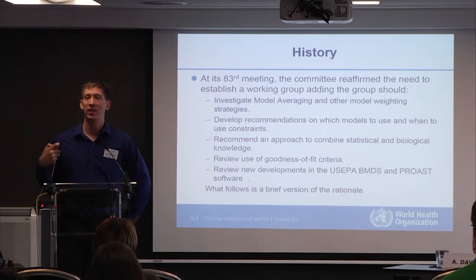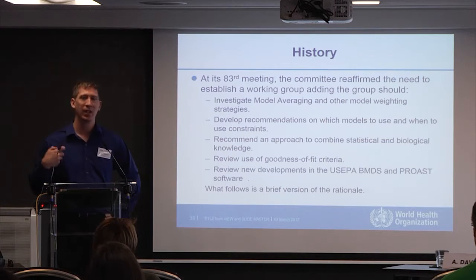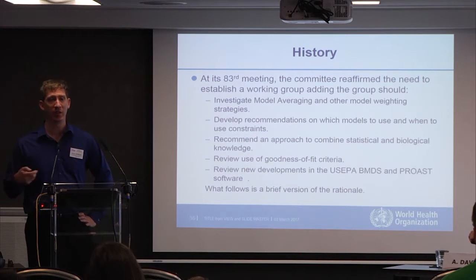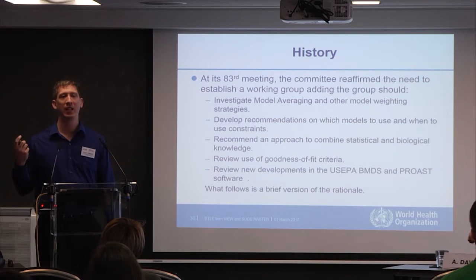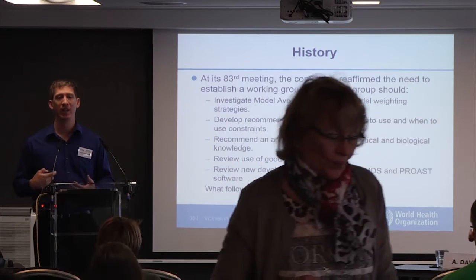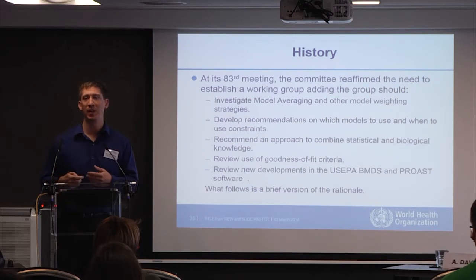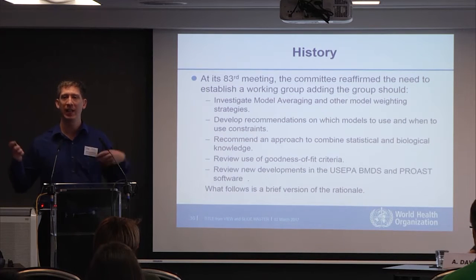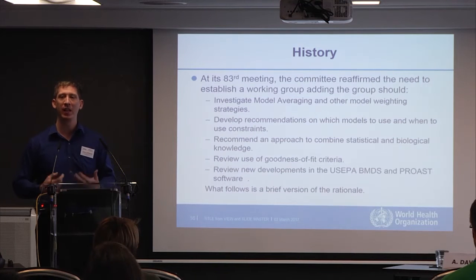We wanted to talk about when to use constraints and when not to use constraints, and I'll talk about that as we go forward, kind of the argument why we use constrained models over unconstrained models. And a recommended approach that really makes the statistics, the modeling, and the toxicology complementary as a joint unit in the risk assessment process, versus something that might be not contradictory but seemingly having different truths that they're talking about, just joining those together to make a complete science.